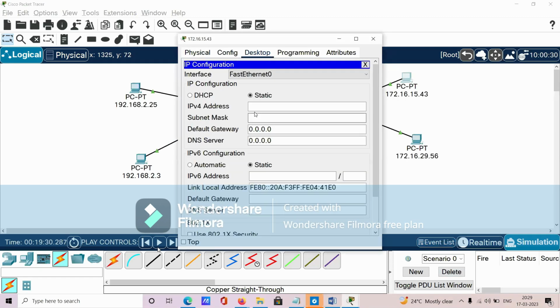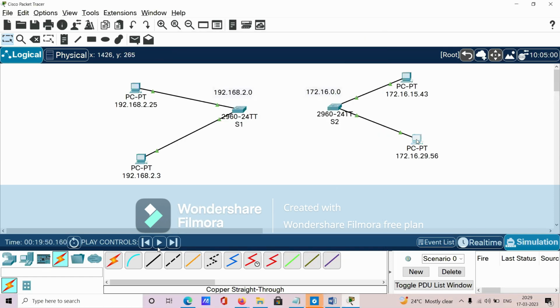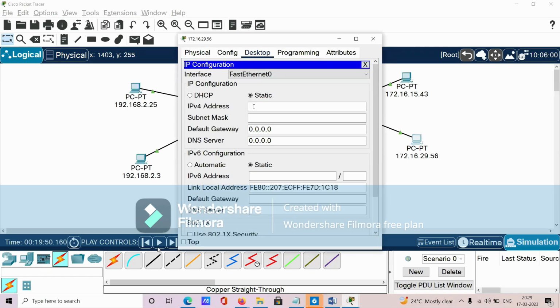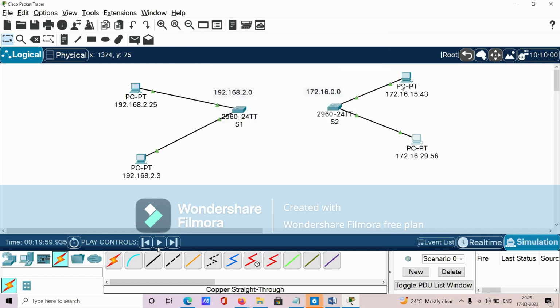The moment I assign the IP address, this is what is happening, and here is what is happening in the second case also. So both the machines are able to communicate with each other because they belong to the same network. Look here, this is what is happening. Now, here is what the truth is.